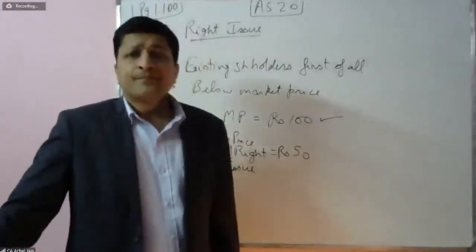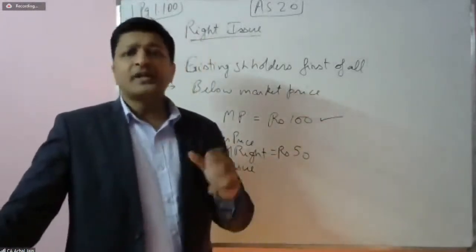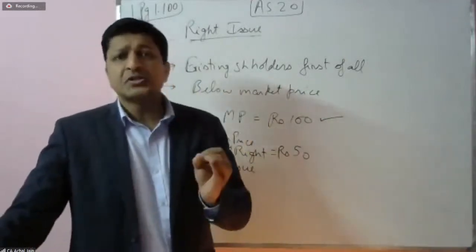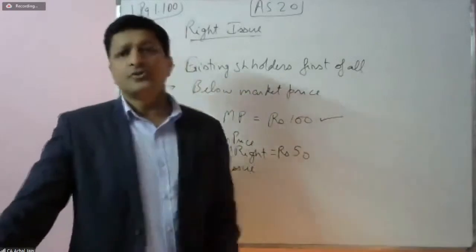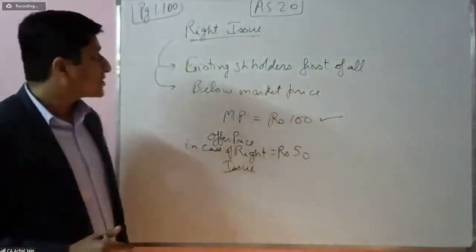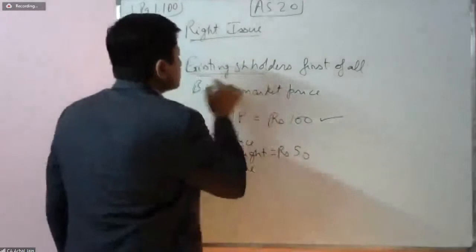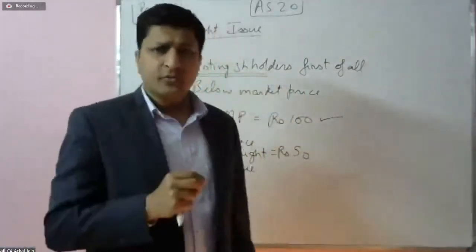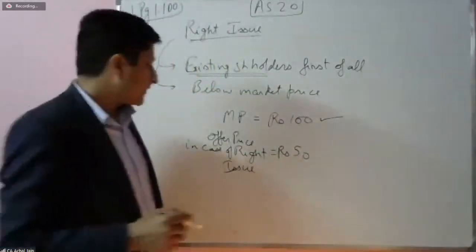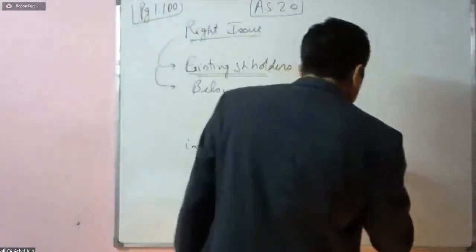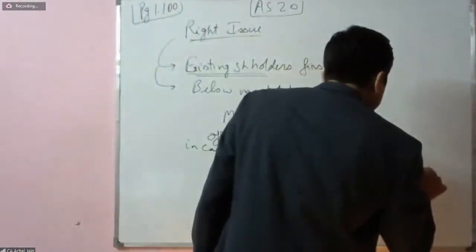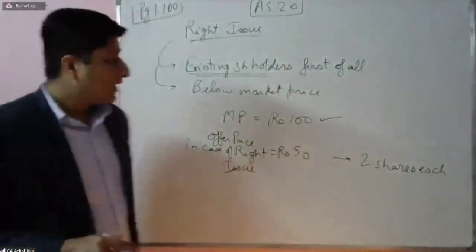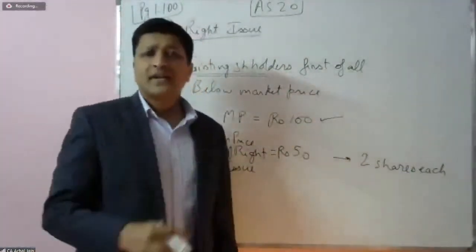Now, in case the company has come up with a right issue, and let's suppose to an existing shareholder, or you can say to every existing shareholder, 2 shares have been issued. Okay, 2 shares each. Now, in this case, there are 2 ways to look at the right issue.